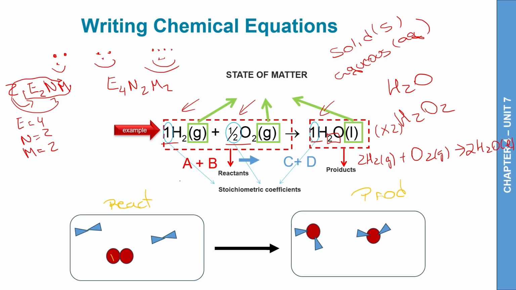In the reactants, I have 1, 2 oxygen. This is oxygen. And I have 1, 2, 3, 4 hydrogen. See, they are together. Those we call the diatomic molecules.